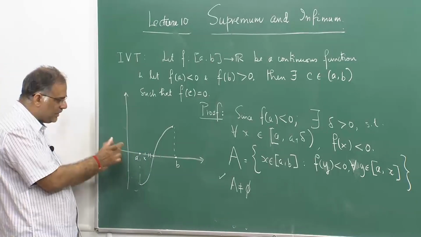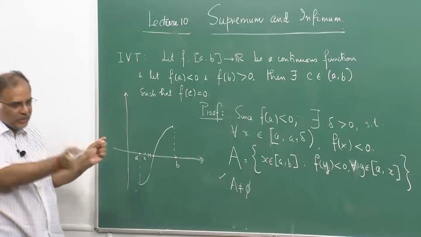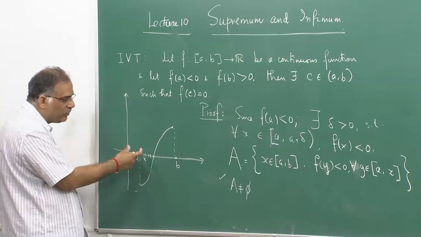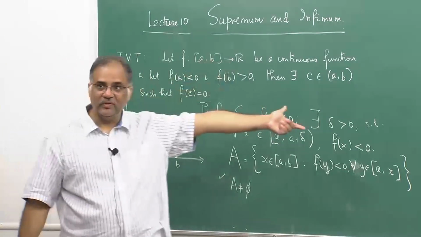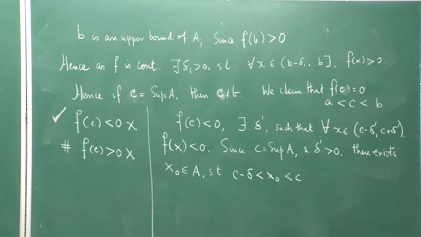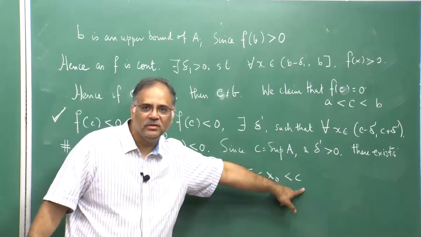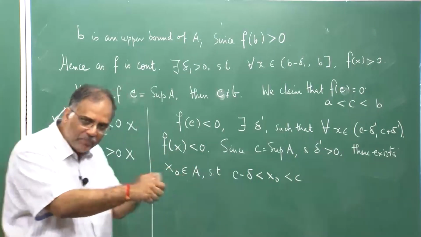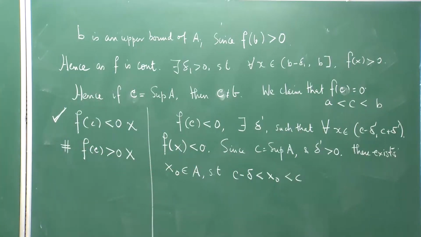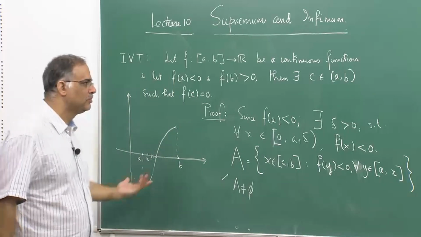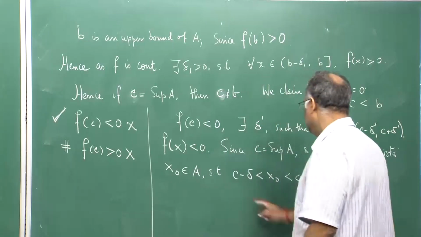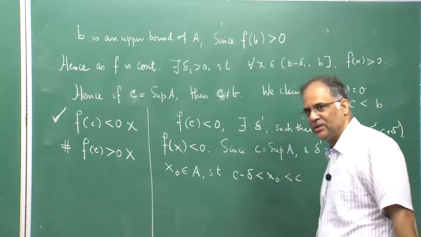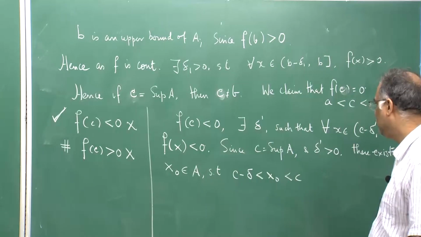It is just one full set, there is no gap like the ones we had discussed in the previous examples. When you do not have any gaps, you can always choose this way, but if you have a gap then there is an issue. So there is an x naught such that this happens, okay.